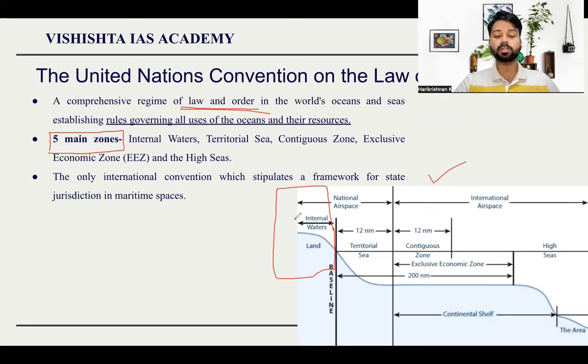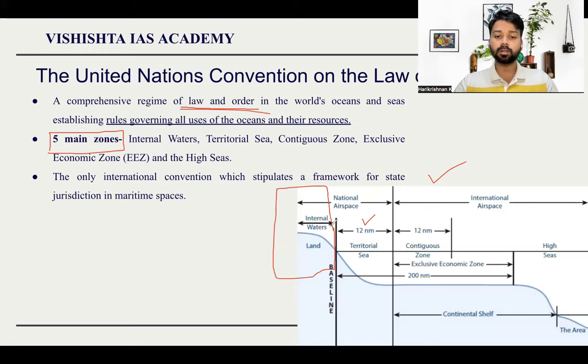All these things, especially mangroves, for example, come under internal waters. From the coastal line till 12 nautical miles into the ocean is called the territorial sea.